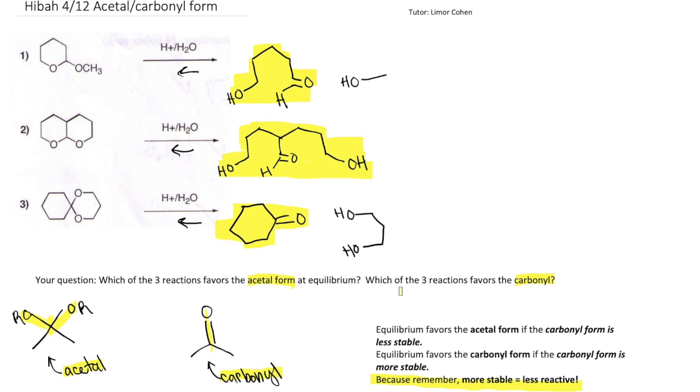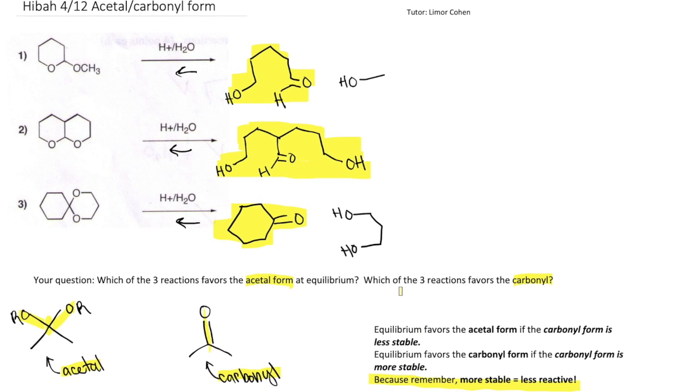So let's take a look at our three molecules. We've kept in mind that if we have more carbon groups attached, that is going to stabilize our partial positive carbon and make the carbonyl form more stable. Therefore, this will be less reactive. If we look at the bottom molecule right here, it's attached to two carbons.